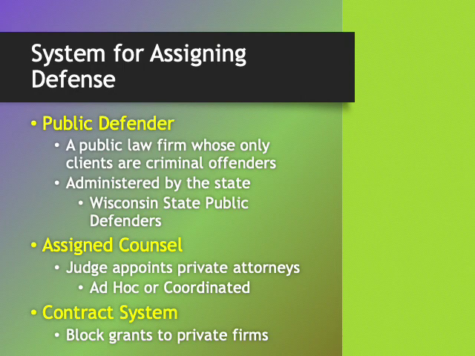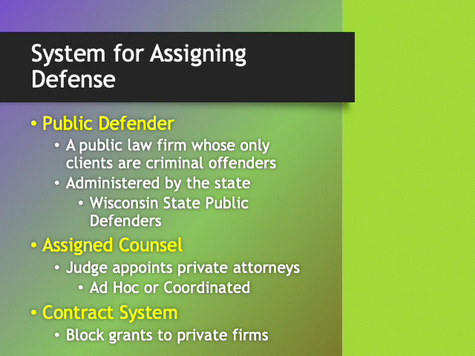There's also the assigned counsel method and the contract block system. The assigned counsel method is that you have a group of private attorneys on a list, and as somebody comes to a court and doesn't have the means to pay for an attorney, then the private attorney on the list will be appointed to that case.